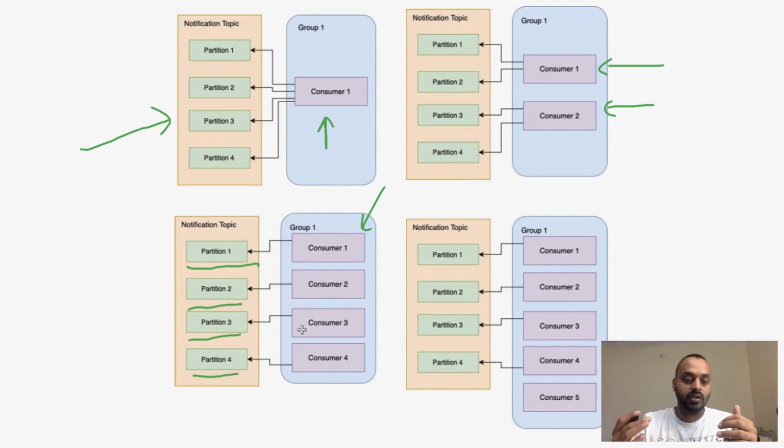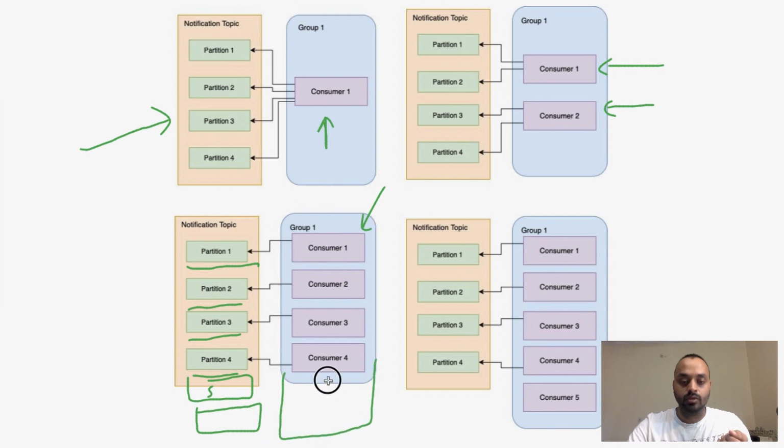If we are still not able to cope with the inflow of messages, we might have to add more partitions here, let's say partition 5 and partition 6. Then we need to increase the consumers also, consumer 5 and consumer 6. So this is how it works: if you need more parallelization, like doing more work in parallel, then you need more partitions.